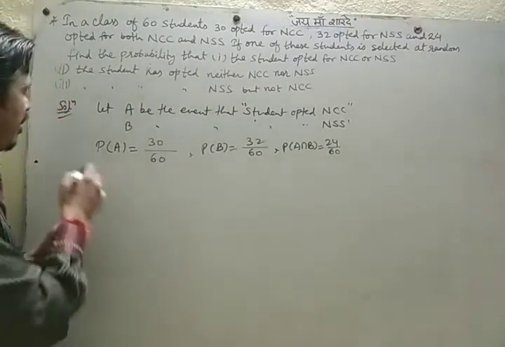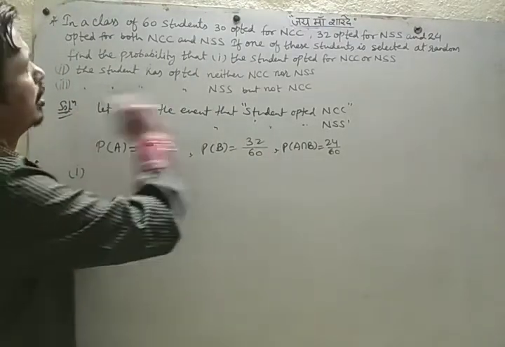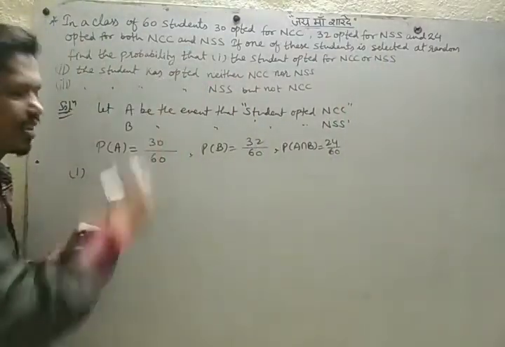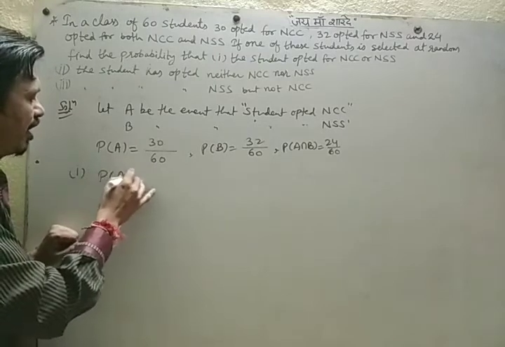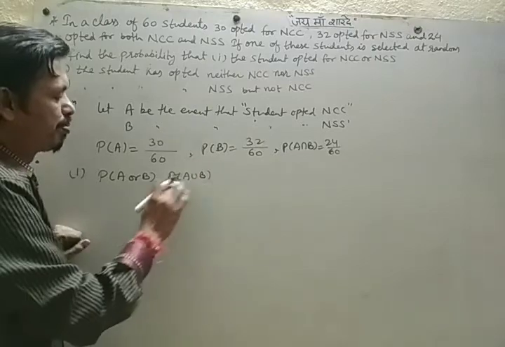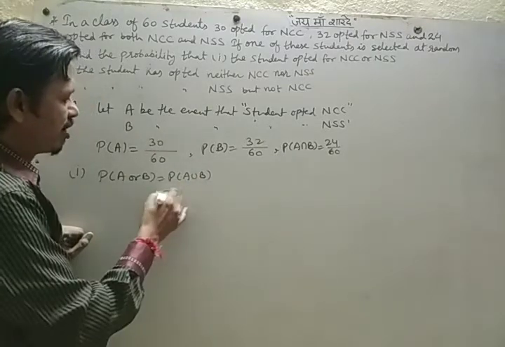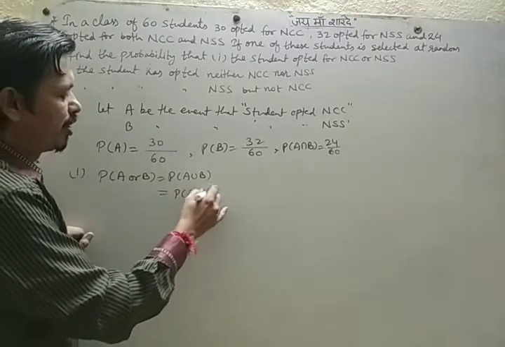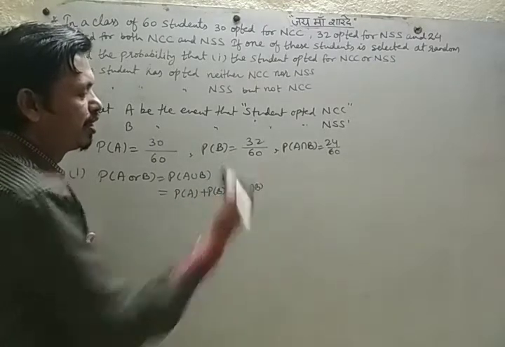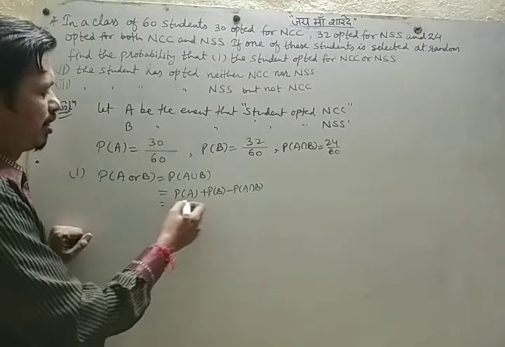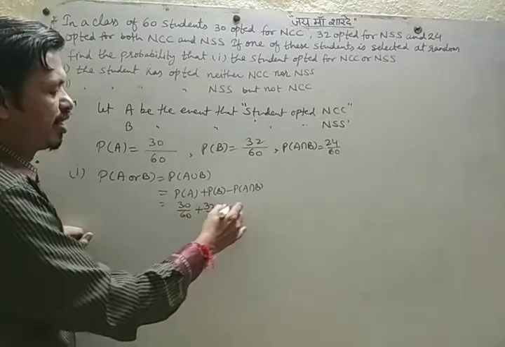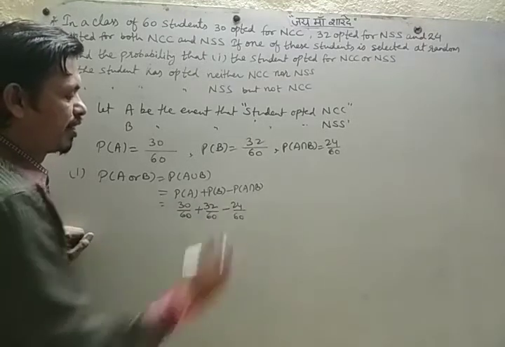Now for the first part, the student opted for NCC or NSS. NCC or NSS means P of A or B, or P of A union B. This we need, the probability of A or B. So it is equal to P of A plus P of B minus P of A and B. Now these three values we have: 30 by 60 plus 32 by 60 minus 24 by 60.